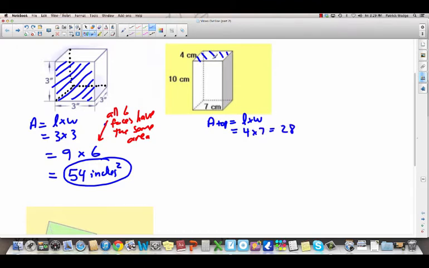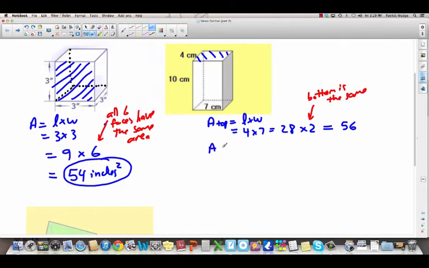That's for the top. Are there any others of that size? Yeah, the bottom's exactly the same. So we need to multiply by 2 because the bottom is the same. Don't worry, I'm not going to make you write this. I just want you to understand why I'm multiplying by 2. So that's 56. Okay, we've done the top and the bottom.